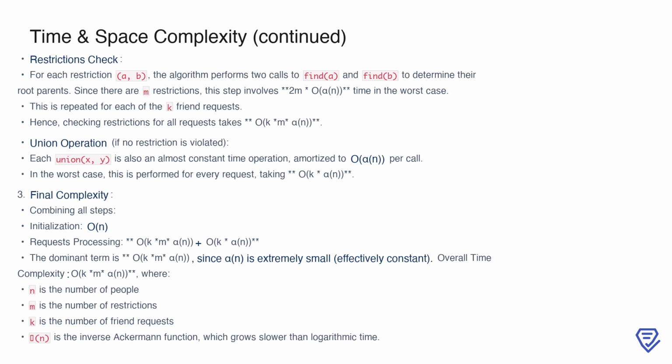When we combine all these steps, initialization, restriction checks, and union operations, the overall time complexity is dominated by the restrictions check, resulting in O(k * m * alpha(n)). Here, k is the number of requests, m is the number of restrictions, n is the number of nodes, and alpha(n) is the inverse Ackermann function, which is practically constant for real-world input sizes.